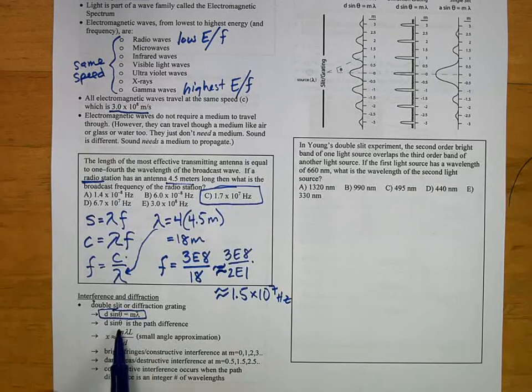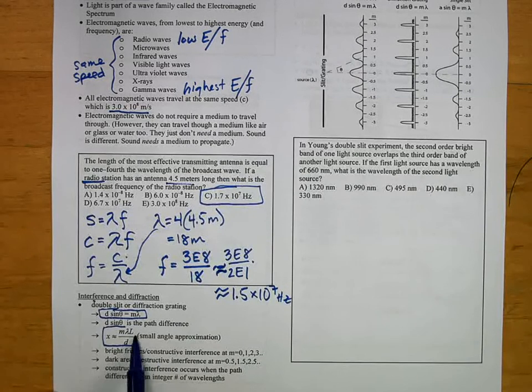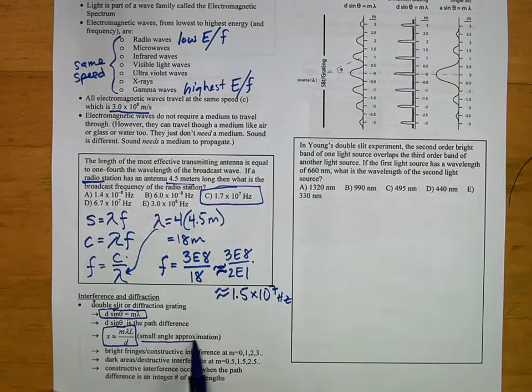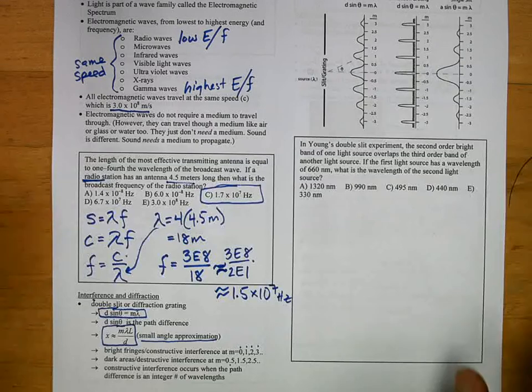And we also have an approximation. So this is called the small angle approximation. In these equations, we get bright spots when m is 0 or an integer number, and we get dark spots when it's a half integer. So let me just show you with this picture.